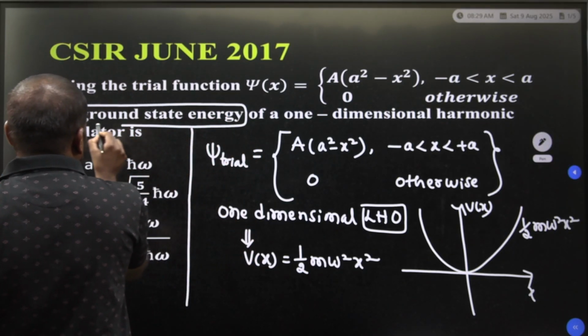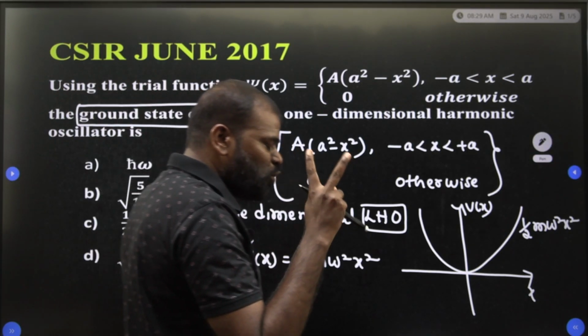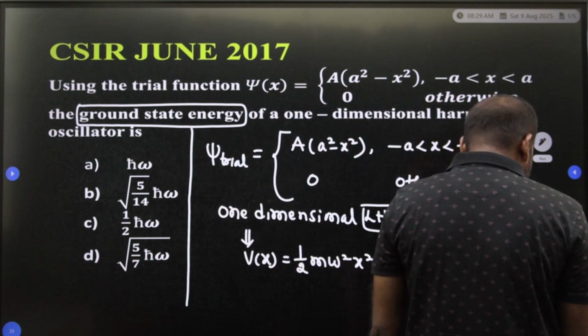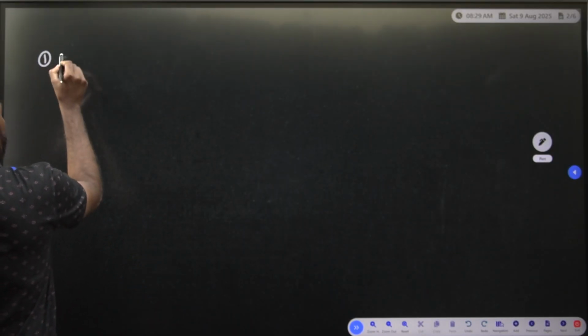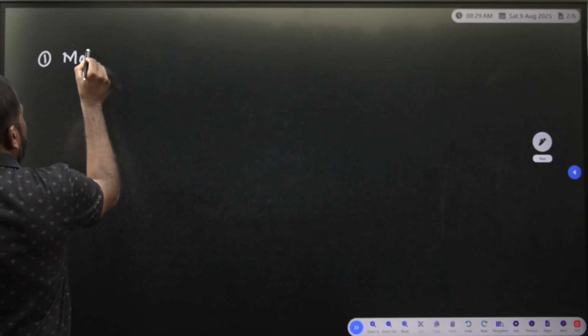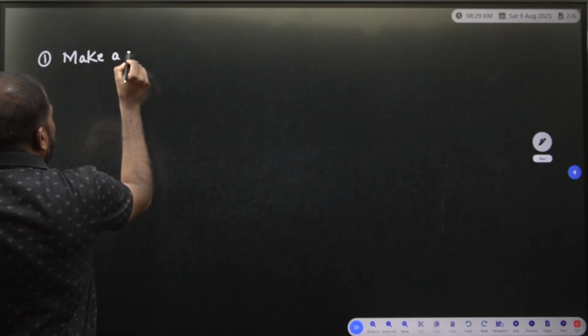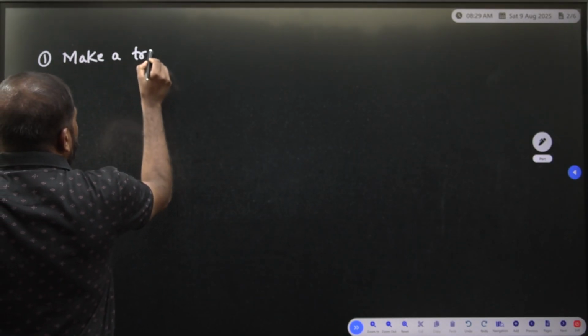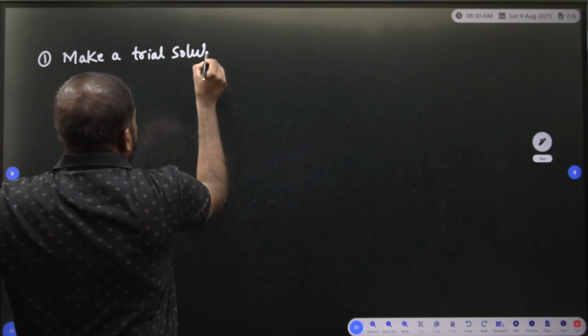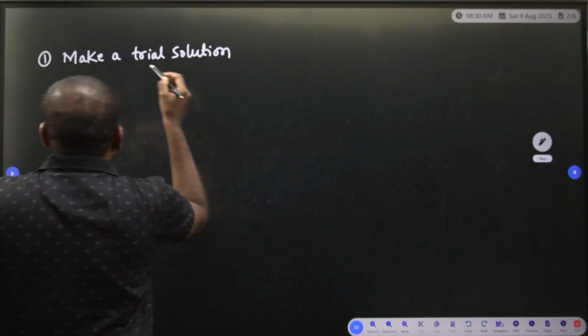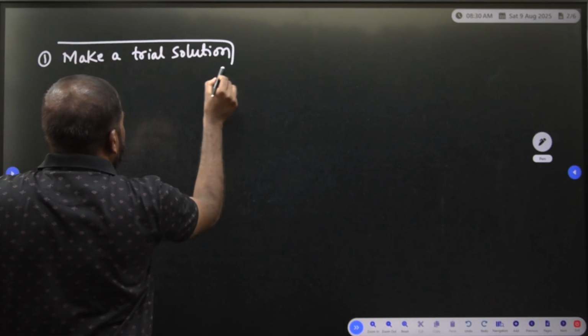by using the variational method. We need to follow 4 steps. So, what are the 4 steps? The first step is to make a trial solution, or guess a trial solution.